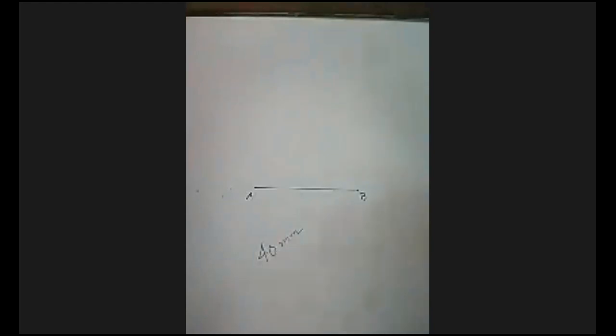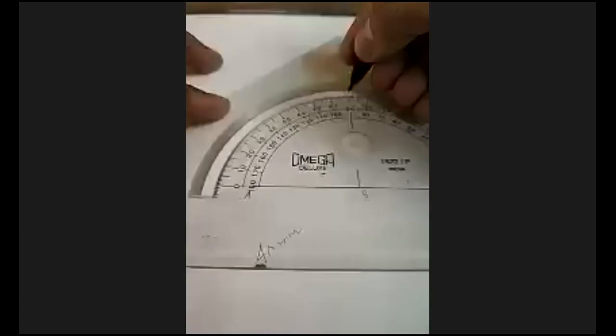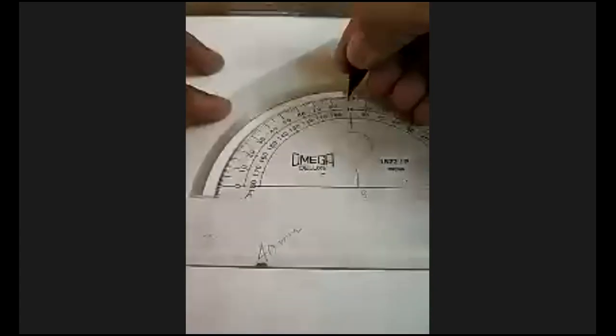Yes. Now you draw one perpendicular at B, that is also 40 mm. Forty mm line is to be drawn.